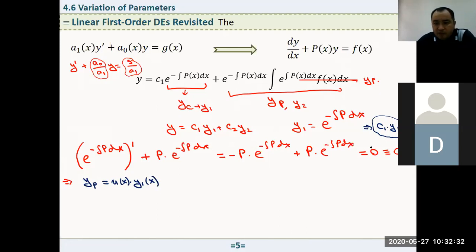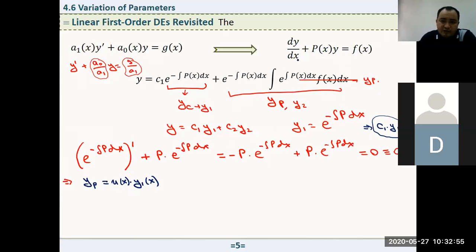Okay. We know that actually this constant multiple of the first solution is also the solution of this homogeneous equation. And we are making an assumption here that this particular solution cannot be in this form actually. Okay. Now just for simplicity, I'm just going to write without this x, but keep in mind that u is a function of x, y1 is a function of x.